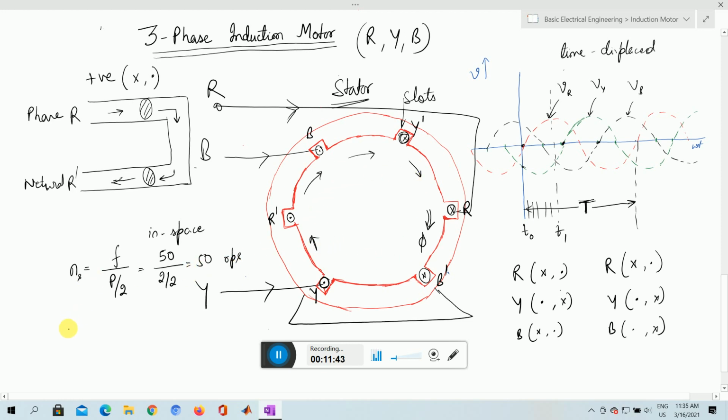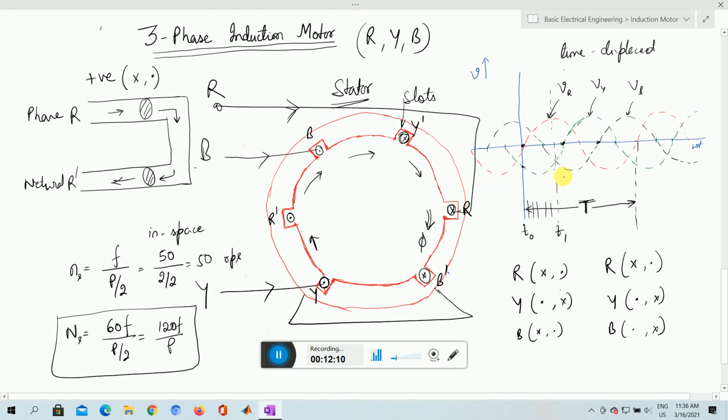So if we find capital Ns, revolution per minute, obviously 60 is multiplied with the entire term, and this will be 120 F by P. So the formula of Ns will be 120 F by P, and here F is the frequency of the supply.